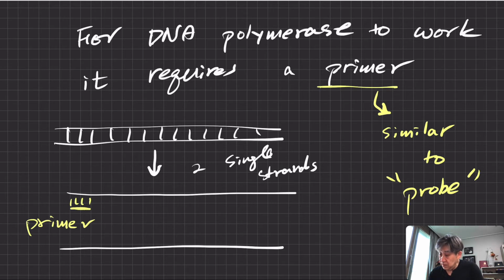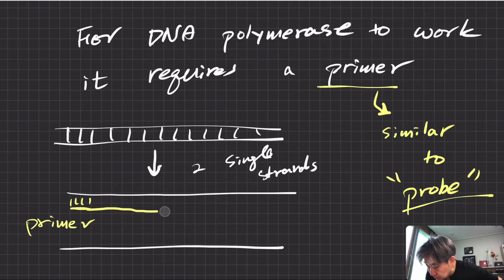And also, just like the case of a probe, a primer doesn't have to be the entire same length as the target. A primer is actually a very short DNA sequence fragment, and only in the presence of this primer can this DNA synthesis go.